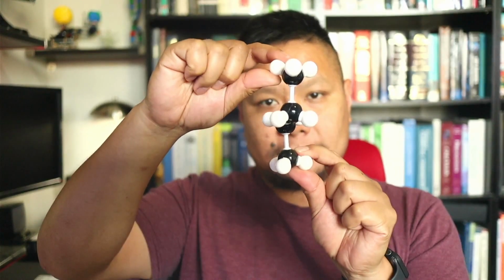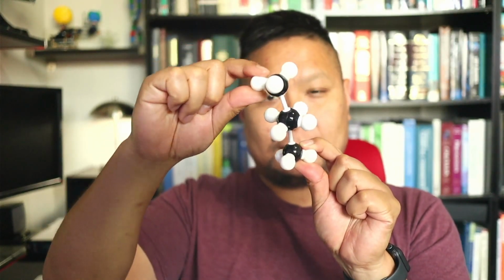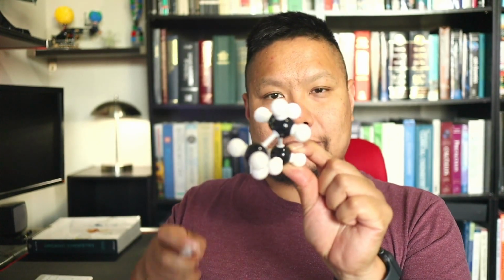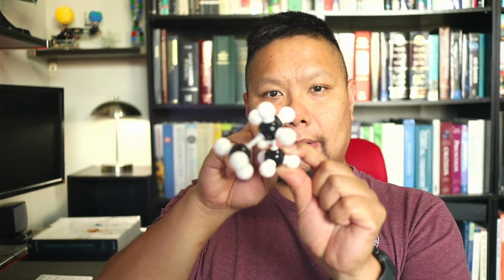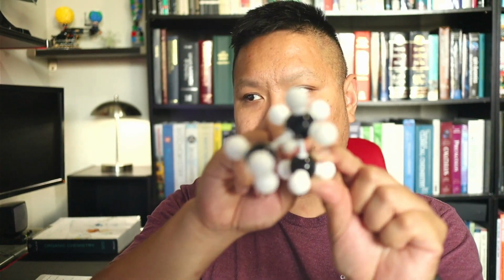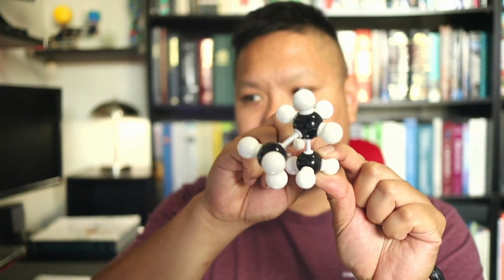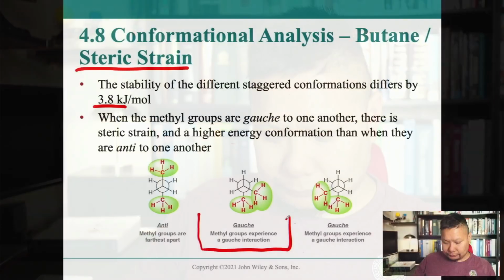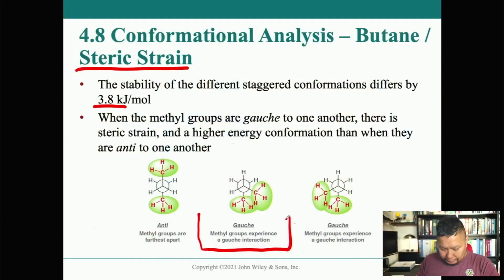When the molecule is in gauche conformation is when they're like this, right? And the dihedral angle between the two, right there, is 60 degrees, right? That's gauche. Okay. Methyl groups experience a gauche interaction. That's why we call it gauche, right? And it can be gauche on both sides, right?